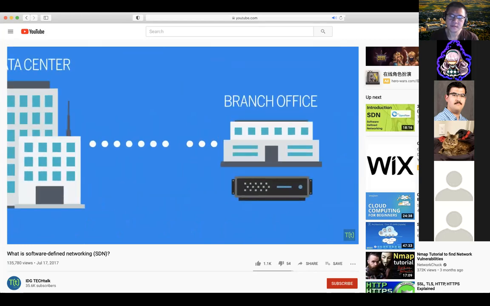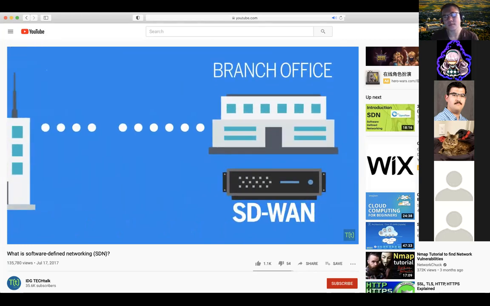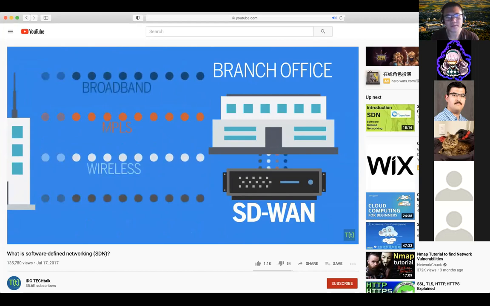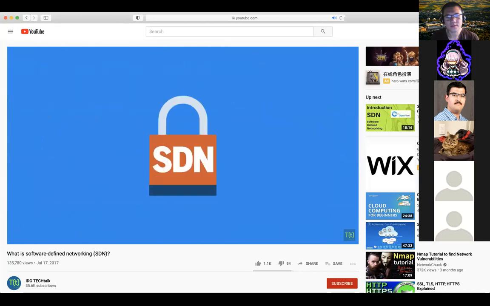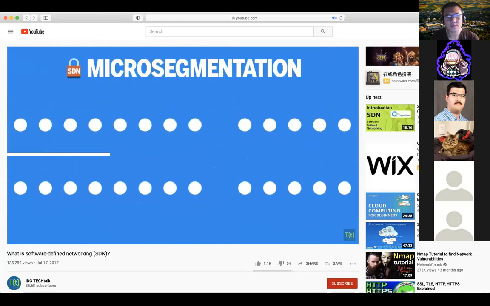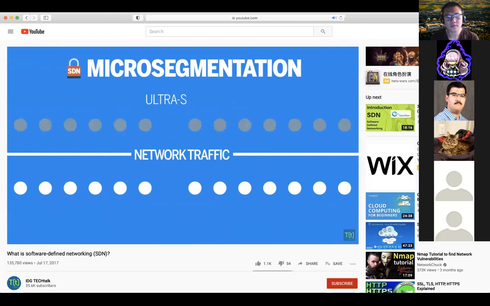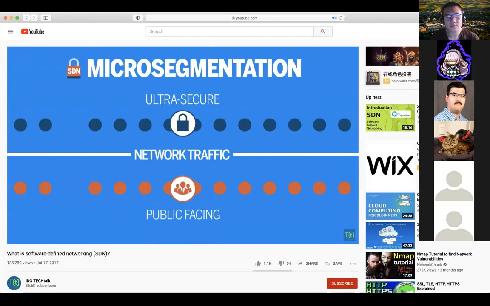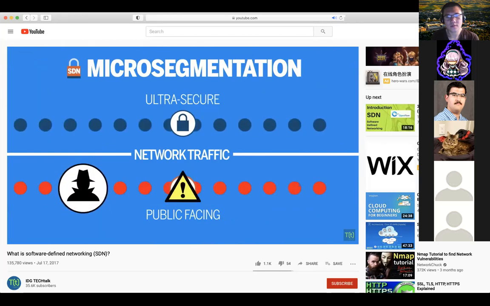This use case, called SD-WAN, uses software to aggregate multiple types of network connections, such as broadband, MPLS, or wireless, to create strong and cost-effective connections. Micro-segmentation is the idea of using SDN for security. Certain networks can be ultra-secure and carry sensitive data. Other networks can be public-facing. So, if a hacker gets into a public-facing web server, they are restricted to the server segment of the network. This limits the hacker's ability to access any other segments, such as secure data center networks.